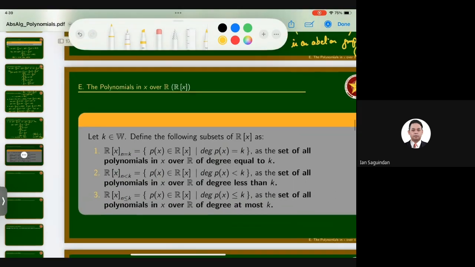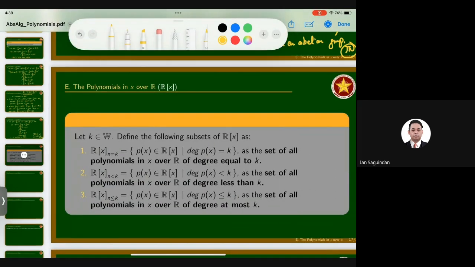Okay, let k be a whole number. Define the following subsets of the set of all polynomials as.